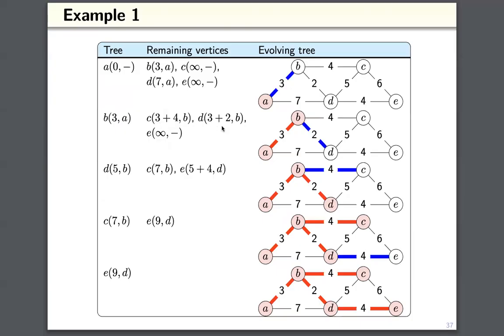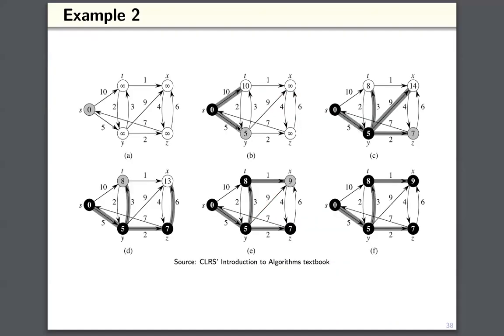In Jarnik's algorithm, you were not adding the distances, you were just comparing the two values and taking the min. But here you need to add and then take the min, so it's slightly more complicated.